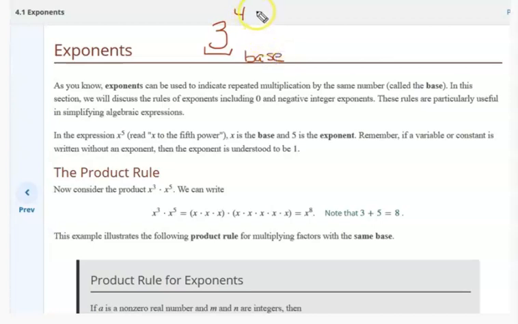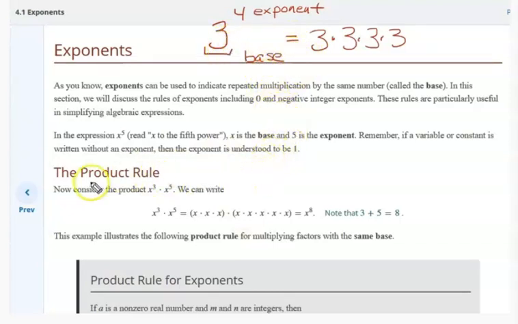And the 4 is the exponent. Now, what does this refer to if we're saying shortcut? Well, it's saying we're going to take our base and multiply it by itself the number of times the exponent indicates. And that's what this is. So the basic background for exponents.